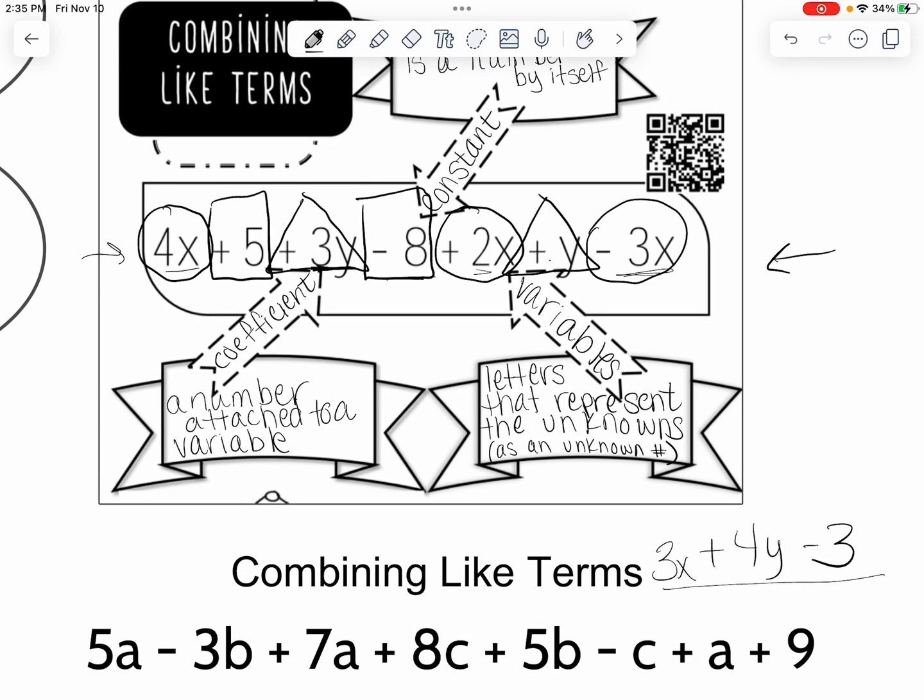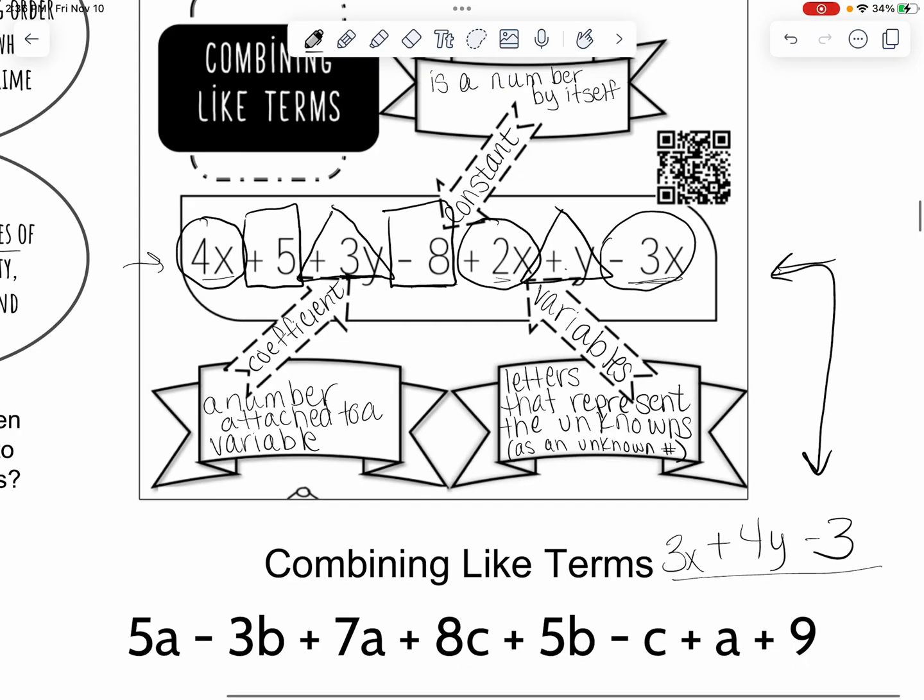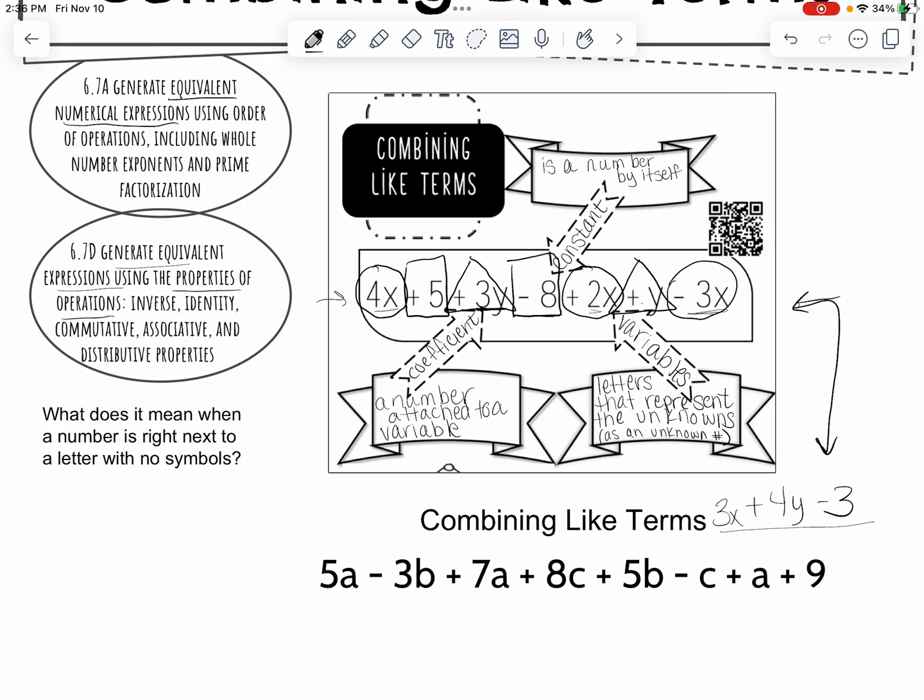I made it smaller, because remember, simplifying just means I'm making it smaller to make it easier to work with. So that's what I just did from here to here. Okay, and this is how we're going to simplify or combine like terms.